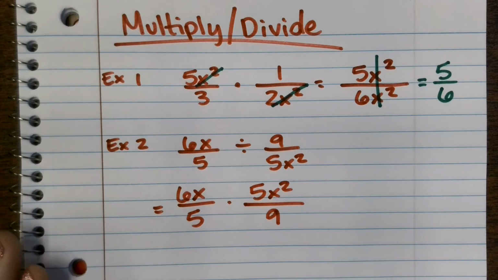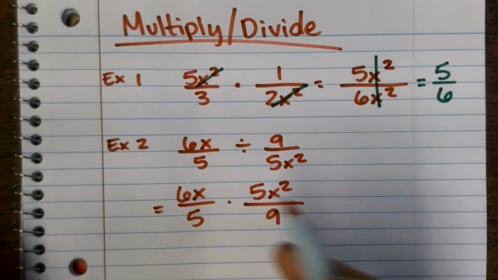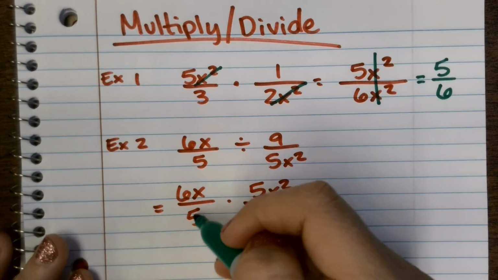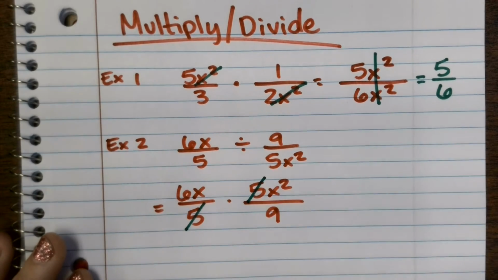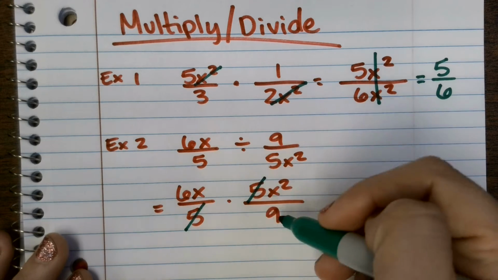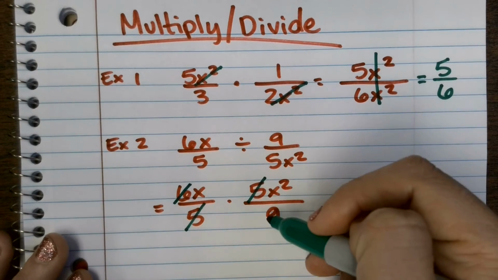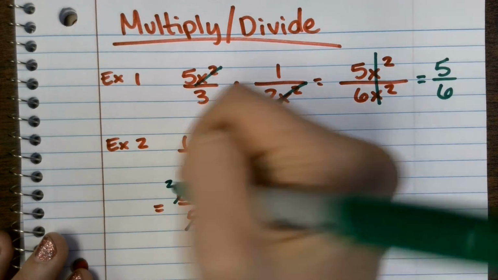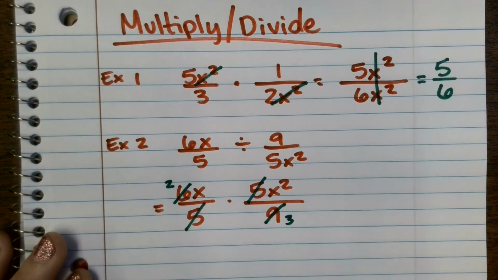And we want to do that at the very beginning because that is our way of dividing, is multiplying by the reciprocal. But then we can see here we've got our 5's that can cross cancel. They will end up being a 5 over 5, which is 1. And then we could go ahead and cancel here, or reduce really, with our 6 and 9. They're both divisible by 3, so I could divide 6 by 3 and 9 by 3.